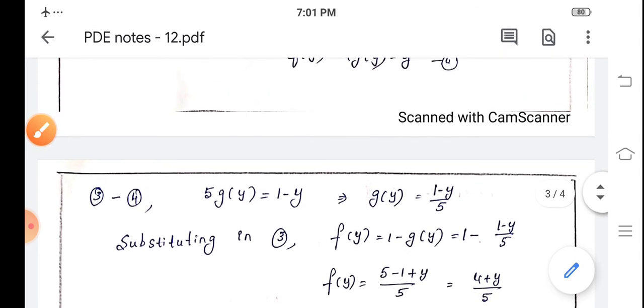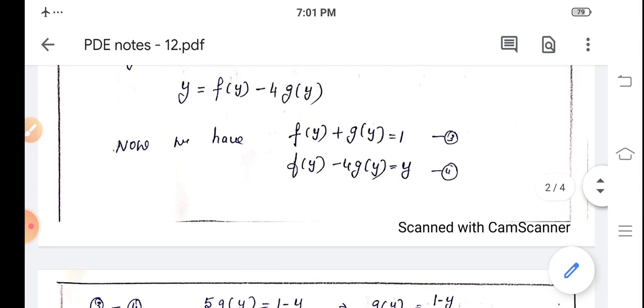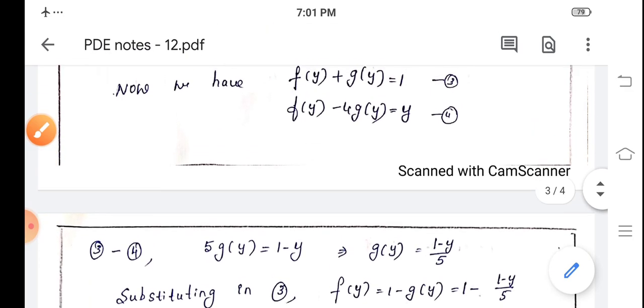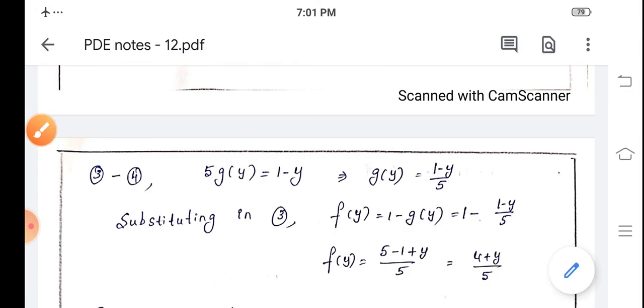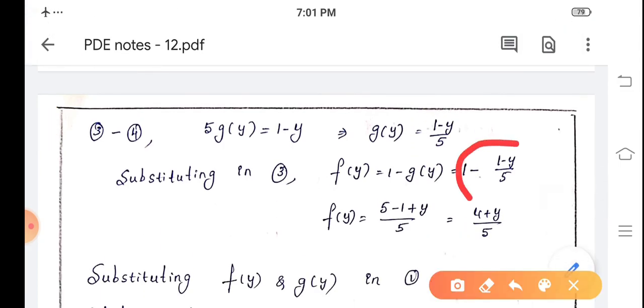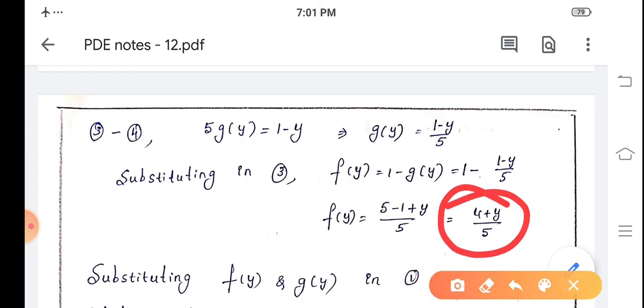And substituting this g(y) value in any one of the equations, I will substitute in equation 3, f(y) + g(y) = 1. We write f(y) = 1 − g(y), that is 1 minus (1 − y)/5. So we simplify this by taking common denominator 5, then it will be (5 − 1 + y)/5. So we obtain f(y) = (4 + y)/5.